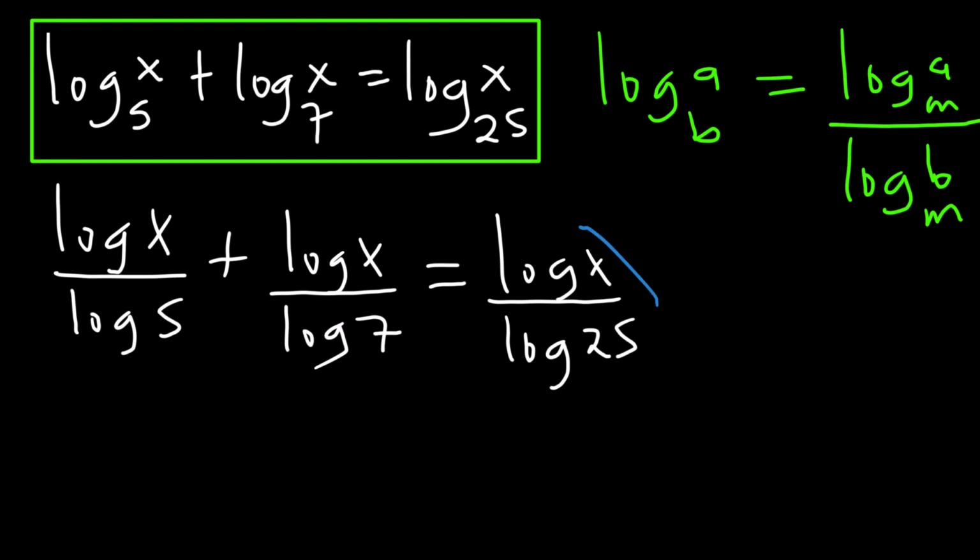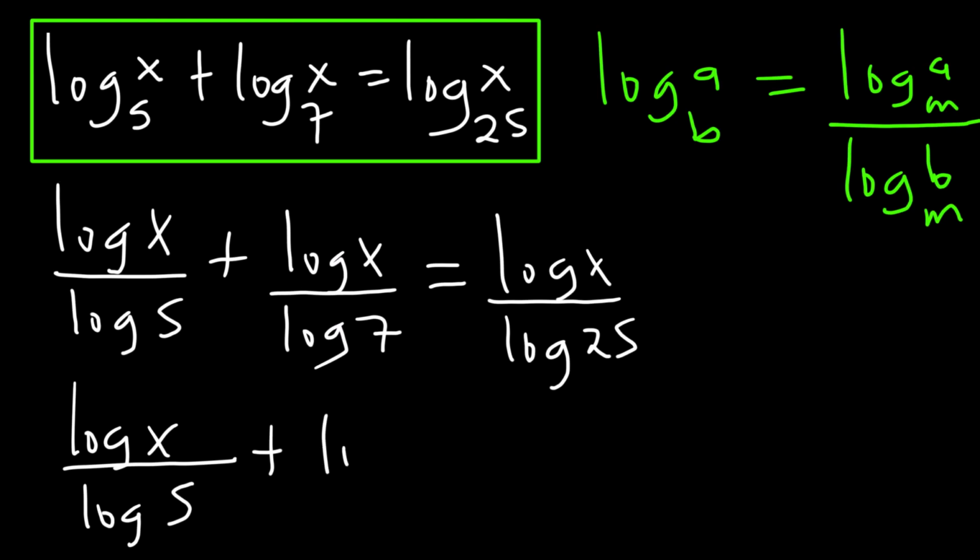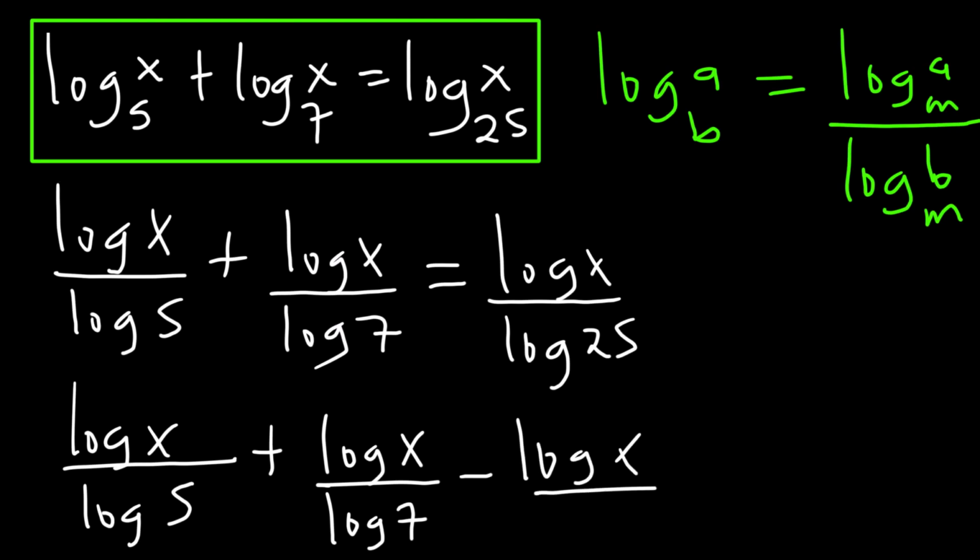And now we can take this to the left hand side. This will give us log of x divided by log of 5 plus log of x divided by log of 7 minus log of x divided by log of 25 equaling 0.